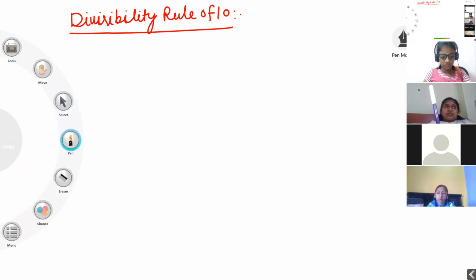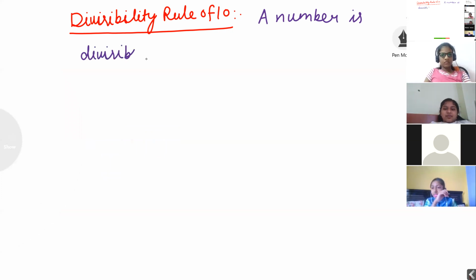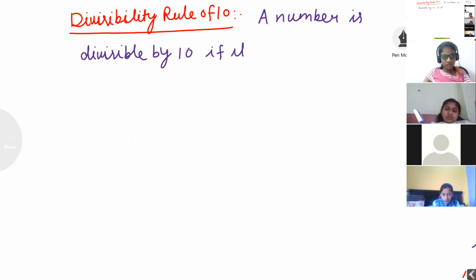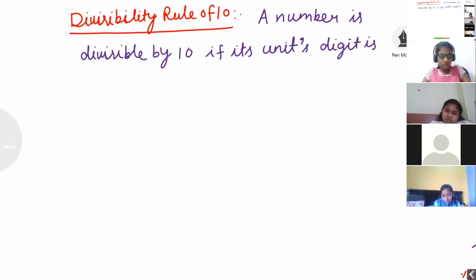A number is divisible by 10 if its units digit is 0.